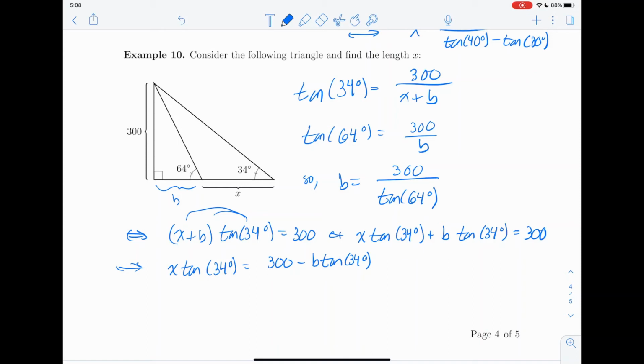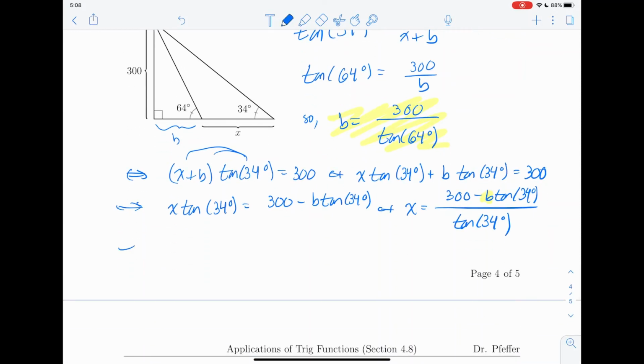Then if I divide, I get x is equal to 300 minus b tangent of 34 degrees all over tangent of 34 degrees. Now we can substitute in this b value we found, which gives us a final conclusion of x is equal to 300 minus 300 over tangent 64 degrees multiplied by tangent of 34 degrees, all over the tangent of 34 degrees.